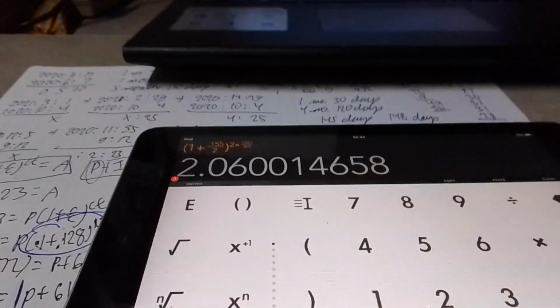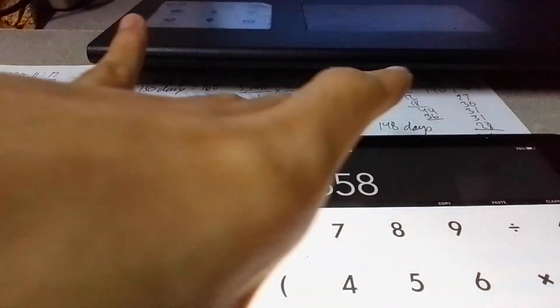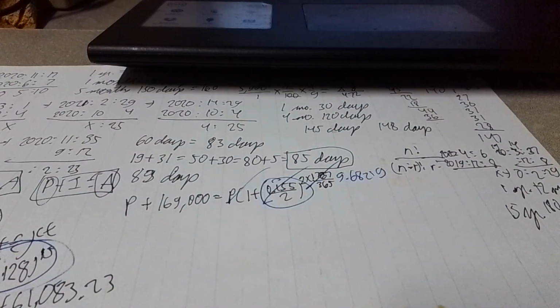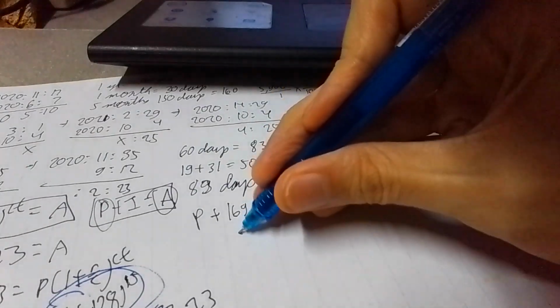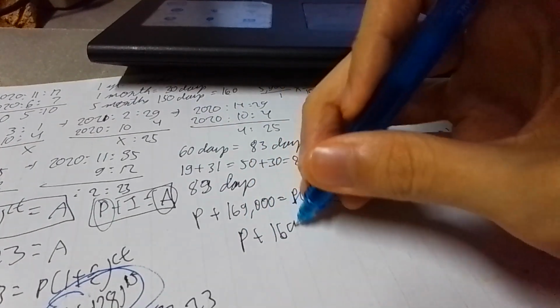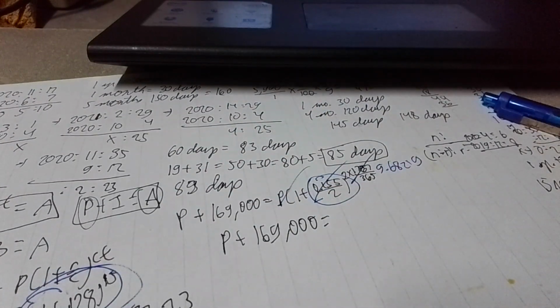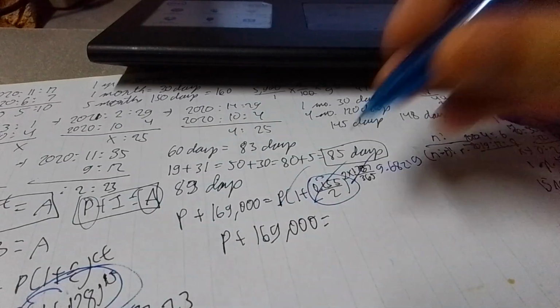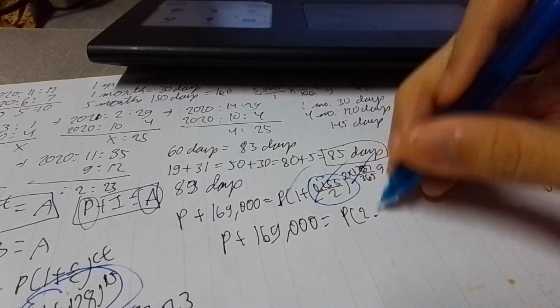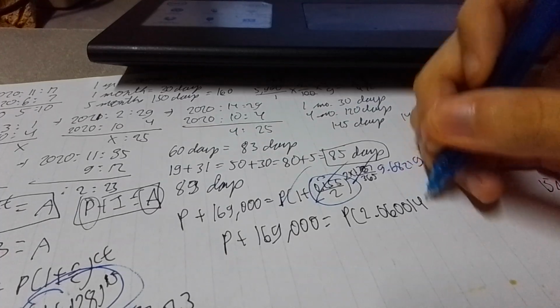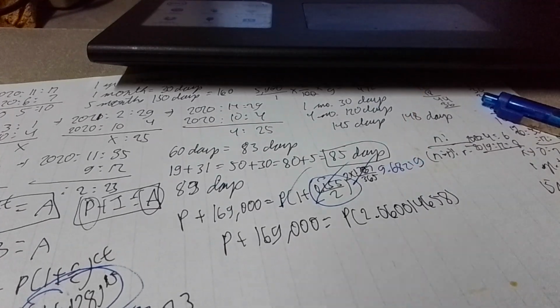Okay? Now, based on this answer that we got here, ganito na. So, now we have P plus 169,000 pesos is equivalent to P times 2.060014658.